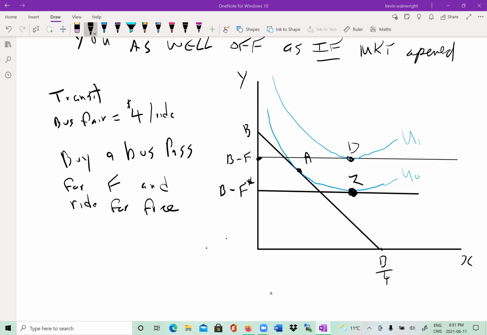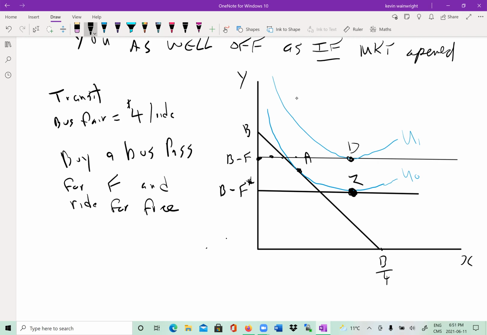Now, someone asked me, why is the budget line horizontal? Because once you pay for a bus pass, every time you get on the bus, it's free. So you do not have to give up any additional good Ys when you ride the bus, okay?